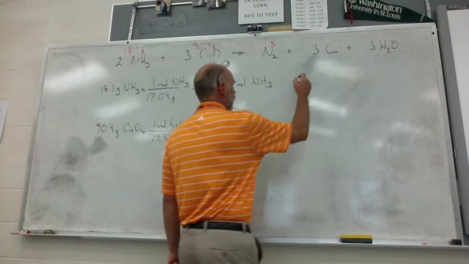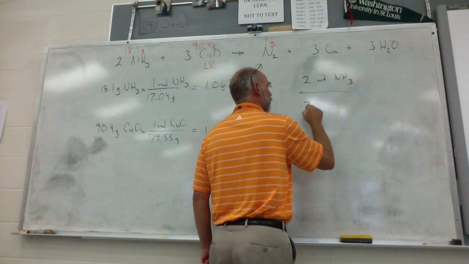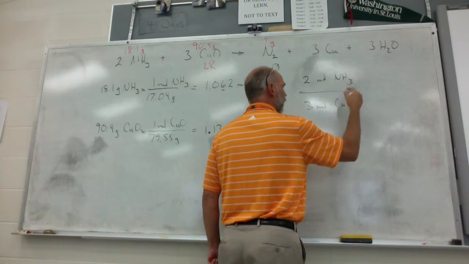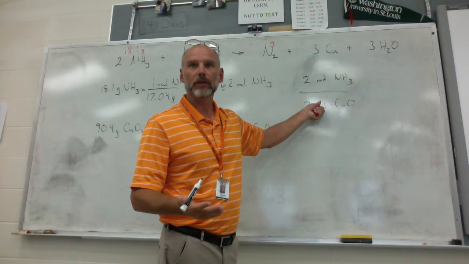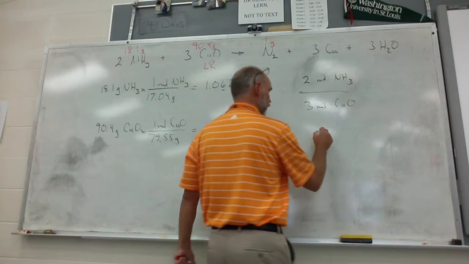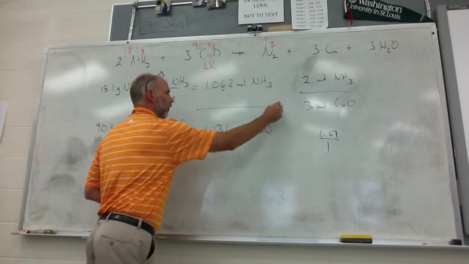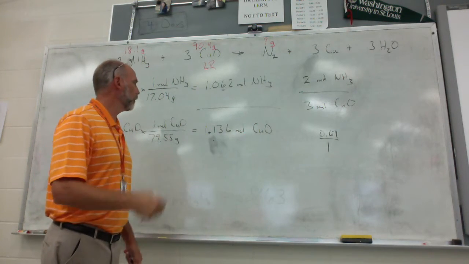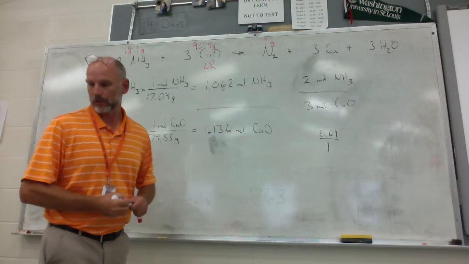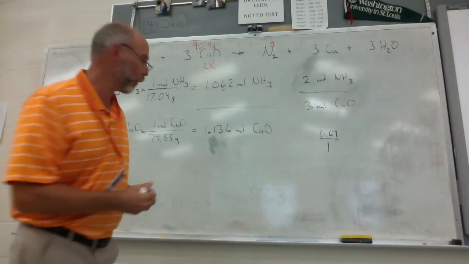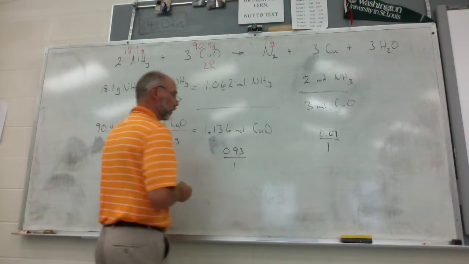What I would do is say, okay, I'll take my 2 moles of ammonia, which is over 3 moles of copper oxide. Of course, what does this represent fractionally? 0.67, right? 2/3, 0.67 to 1. And then I would just divide these two, okay? And you're going to come out to be just under 1. I don't know what that comes out to be. 0.93. This comes out to be 0.93 to 1, okay?